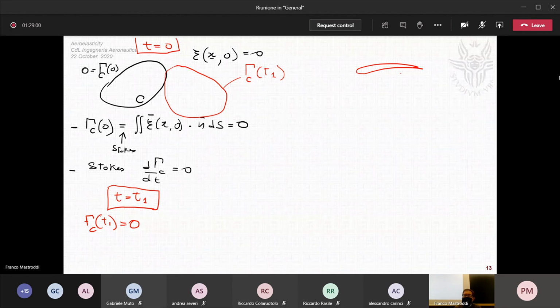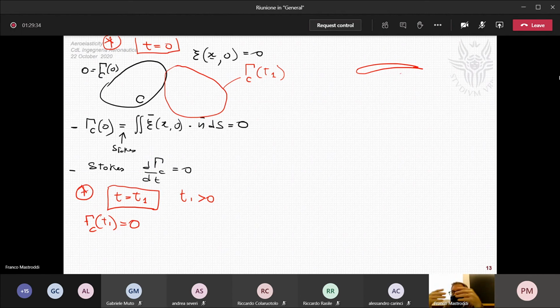Okay? Note that we are at a different time. T1 is greater than 0, and we have just another picture of our movie, and then here, in this time, we can use the arbitrariness of the surface associated to the contour.